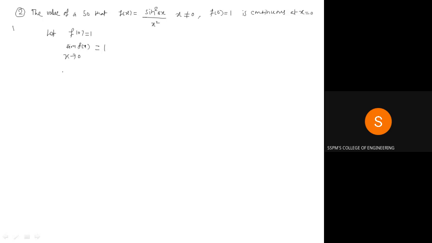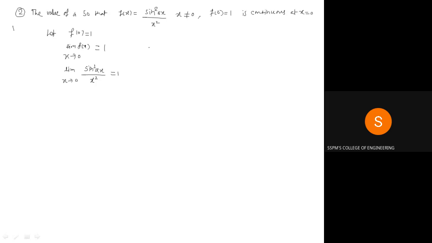Here, the function which exists for x other than 0 is sin square x upon x square. So the limit as x tends to 0 of f of x, which is sin square x upon x square, is equal to 1. And how do we solve such a limit?